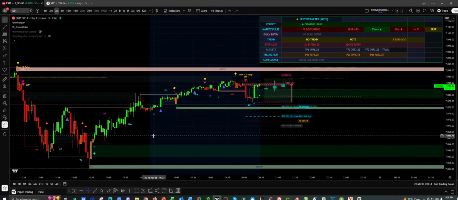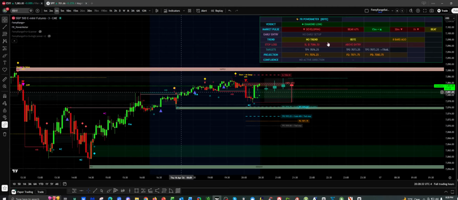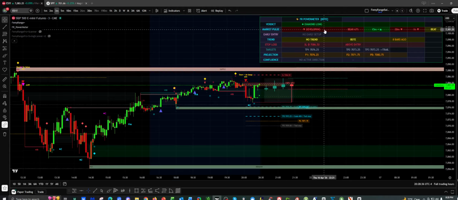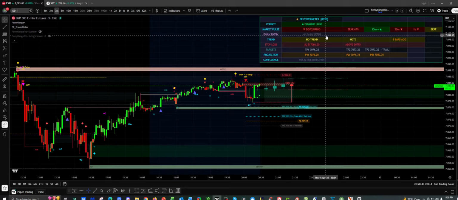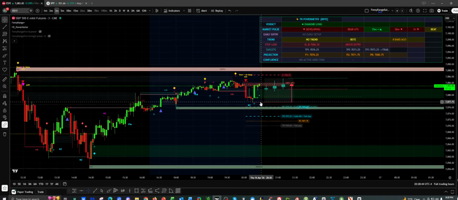But the real work that happens with this tool is what happens in the power meter because it's looking ahead into the future and able to tell you whether you should stay in a trade or get out of a trade. It identifies when there's a pullback. So it tells you this is a pullback, stay in this trade and let it continue to ride.